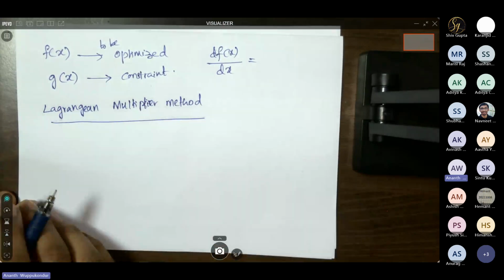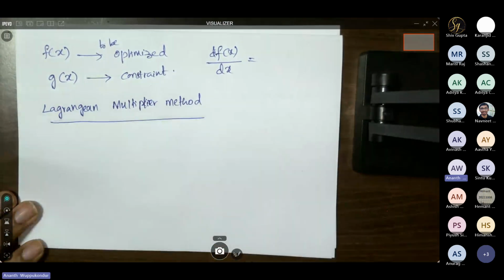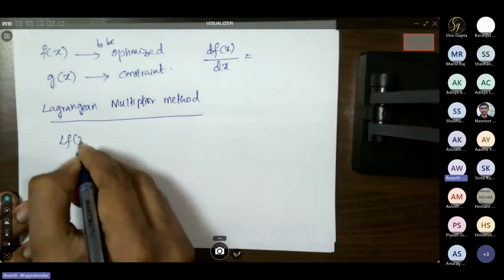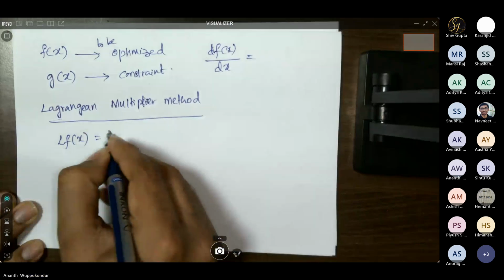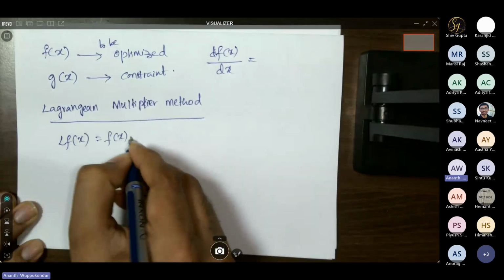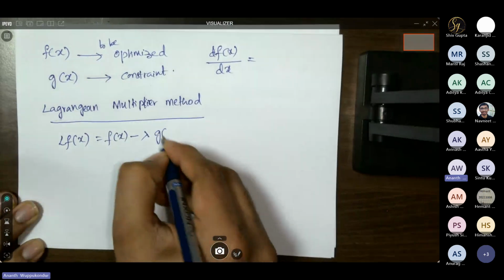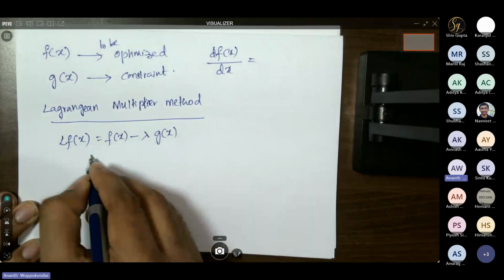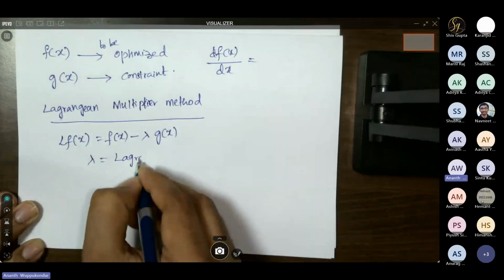When you have a function and a constraint, we are going to use the Lagrangian multiplier method to find the minimum and maximum. So the Lagrangian of f of x would be f of x minus lambda g of x, where lambda is a Lagrangian multiplier.